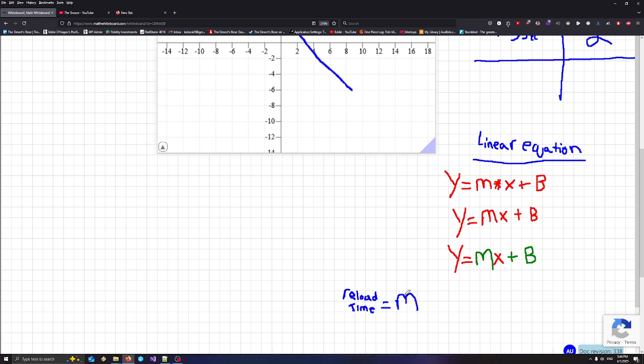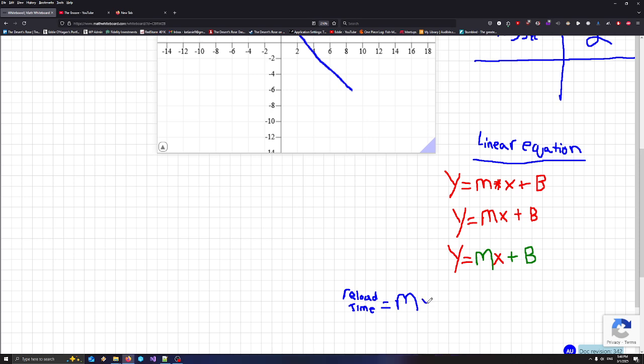And that's going to be a numerical value that we figure out from our data. M times, we can also put our multiplication in parentheses if we want, but I'll leave it.